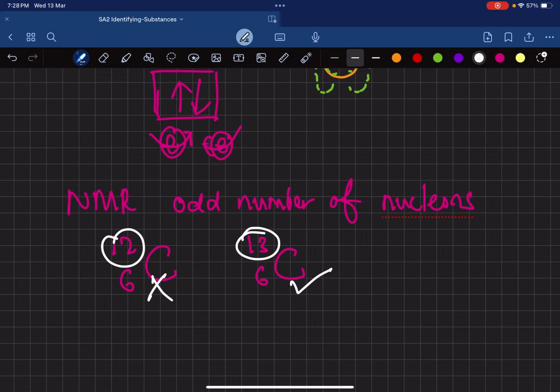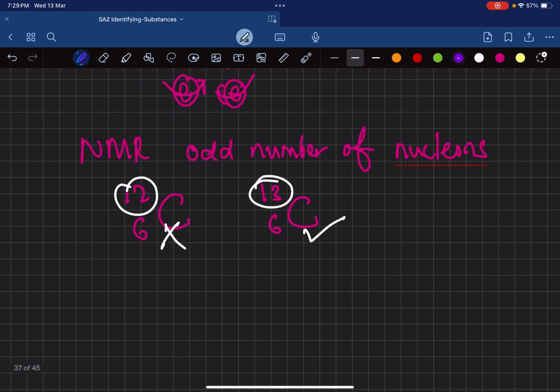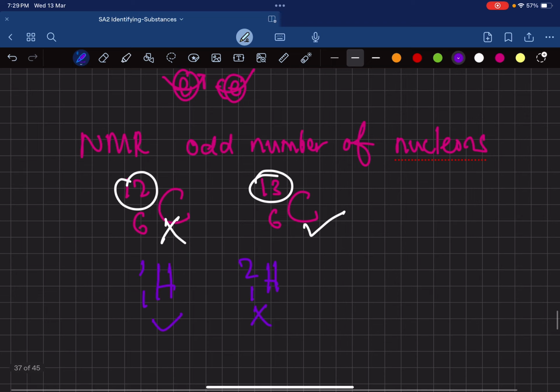The same goes for other elements. Hydrogen can work, but another isotope of hydrogen, deuterium, cannot. Fluorine 19 can, but fluorine 20, which does exist, cannot. So the moral of the story is that the nucleon number must be odd.